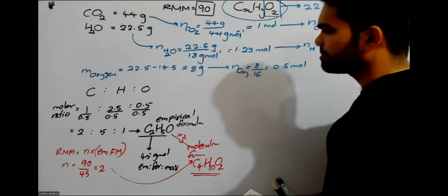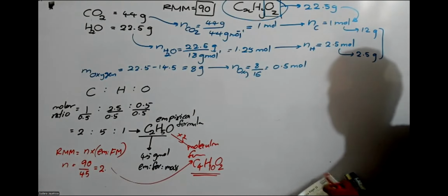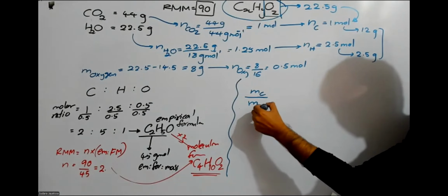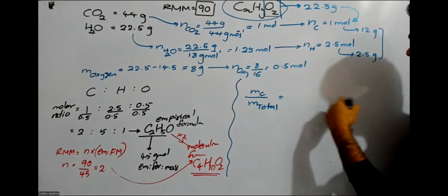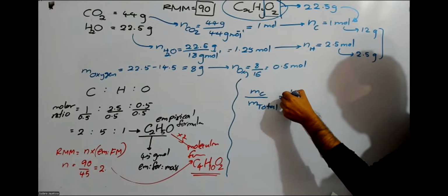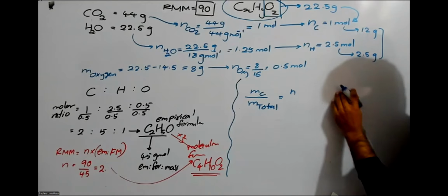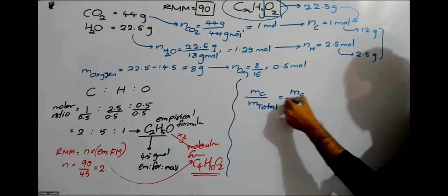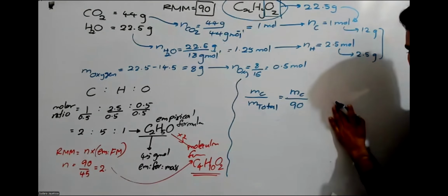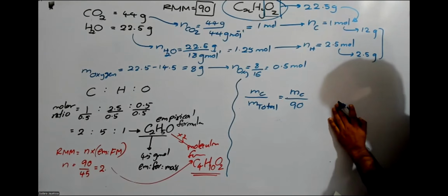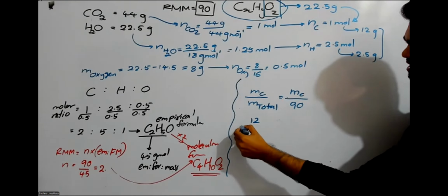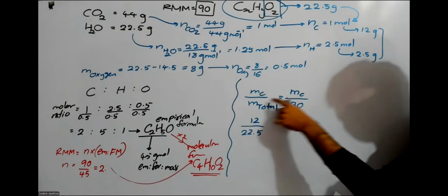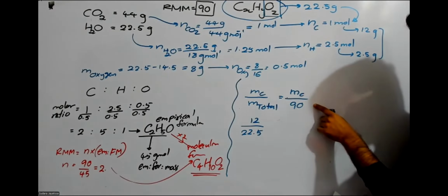Okay, so what's the short method? Mass of carbon in the total mass as a fraction will be equal to the mass of carbon in the total compound. So the mass of carbon is 12 and the total compound mass is 22.5. That's a fraction, and these two fractions are equal.